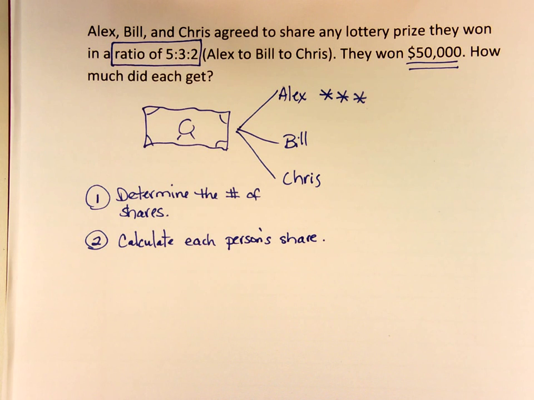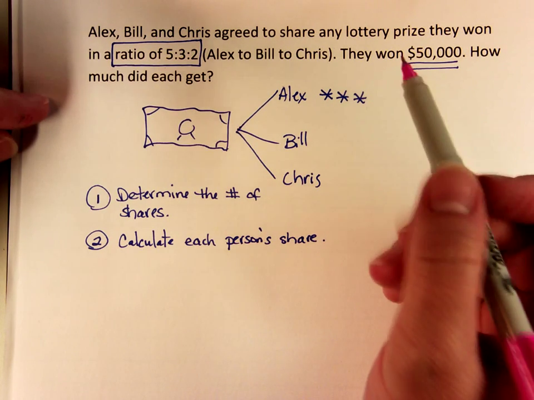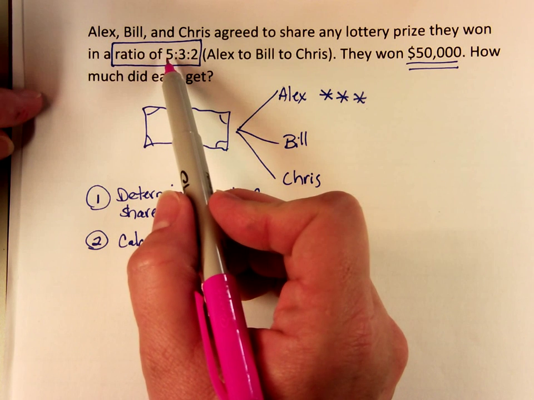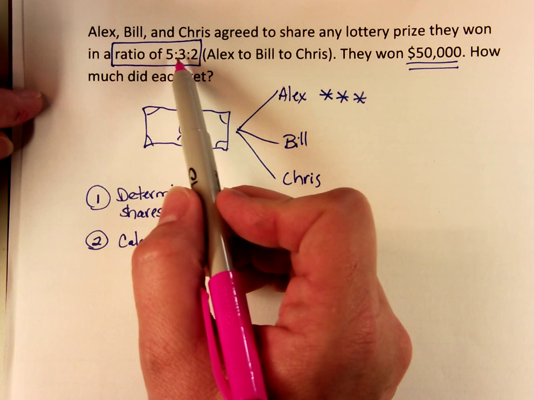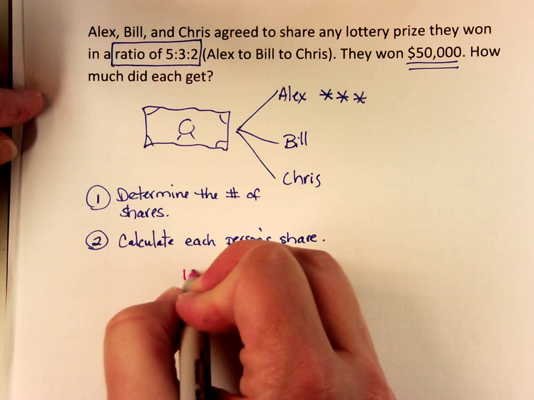So let's try and come up with a good estimate while we're going here. How many shares are there in total? This is where you get that information. Alex gets 5 parts or 5 shares. Bill gets 3 and Chris gets 2. 5 plus 3 is 8 plus 2 is 10. So there are 10 shares.